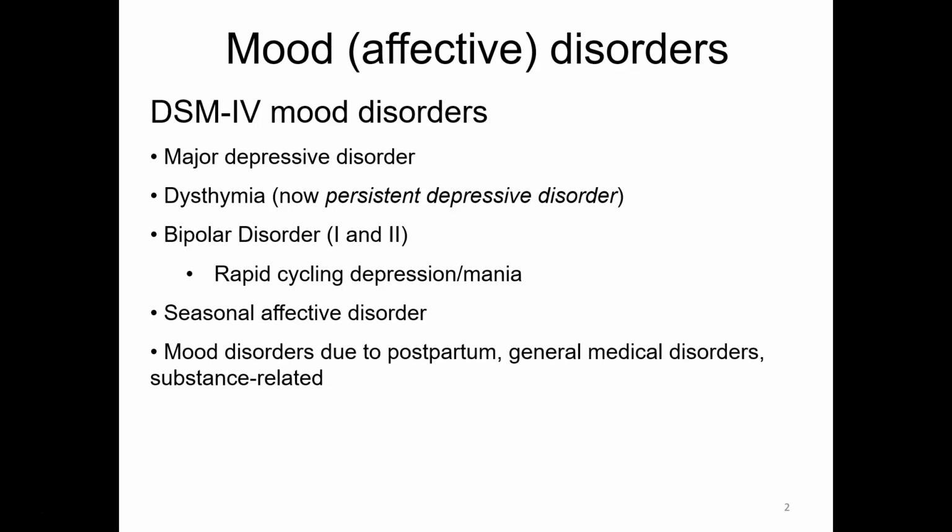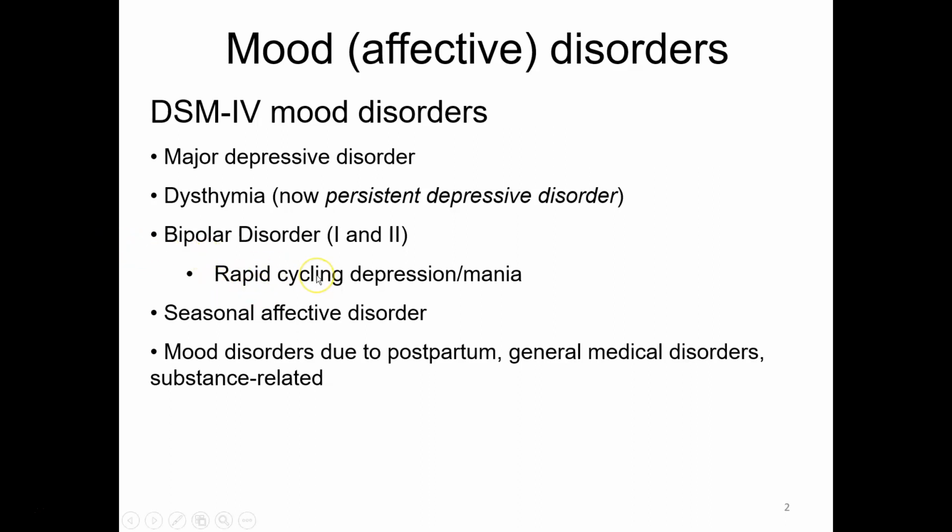Misdiagnosis is pretty common, or at the very least, it's not rare. Bipolar type 2 is like bipolar type 1, except the manic episodes are typically not as severe. So the difference between type 1 and type 2 is a matter of severity.